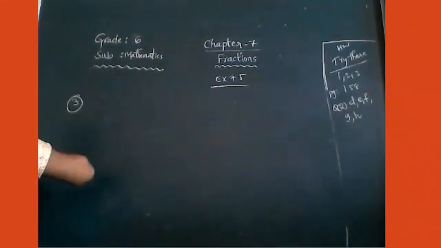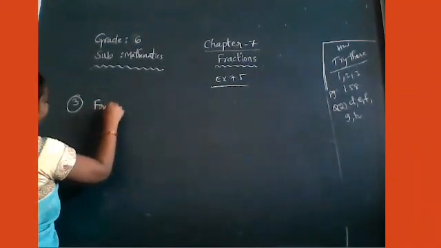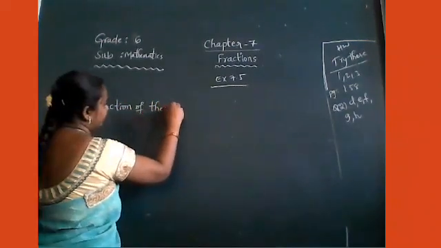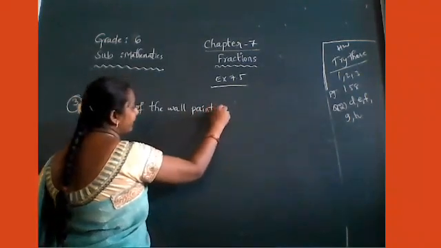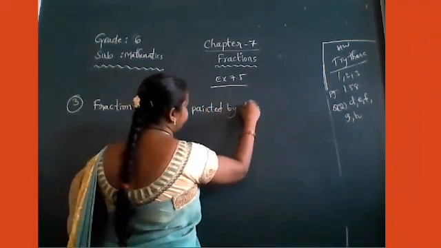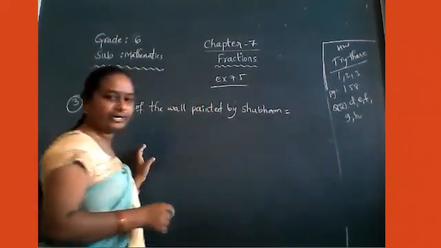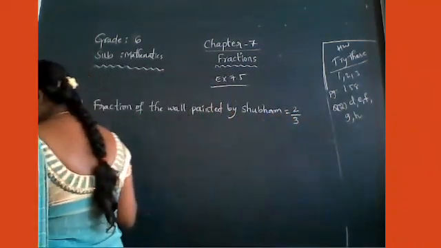First write the fraction of the wall painted by Shubham. Shubham painted how much part? That is 2 by 3 part.